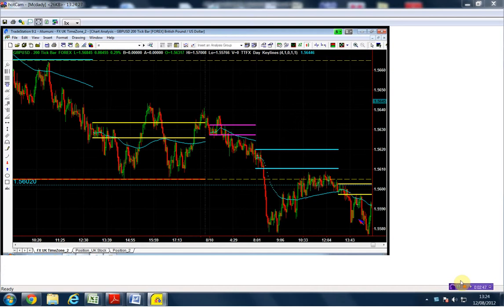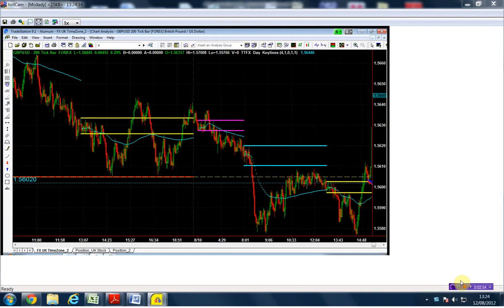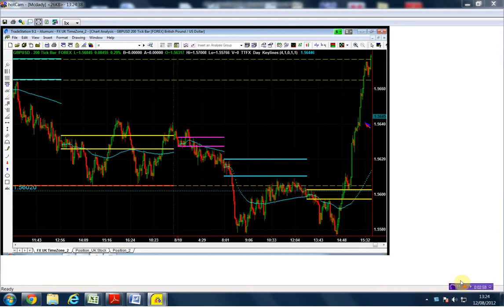If you look at the pound, we had a sell-off, and then suddenly this thing just turned around, and you can see the explosive move. I mean, this thing just flew, and again, nobody knows why this thing happened.